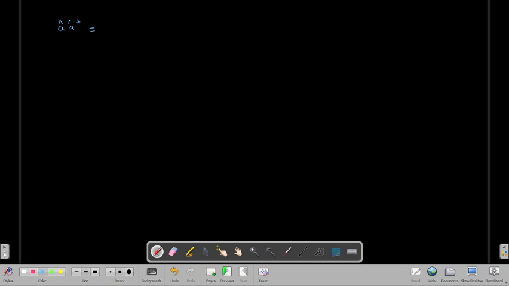Since A we have defined as xi plus I into eta, and A dagger we have defined as xi minus I into eta, we can expand this and write xi square plus eta square, plus I into eta xi minus I into xi eta.